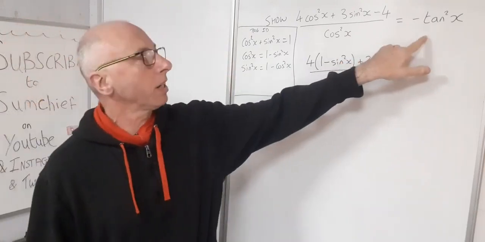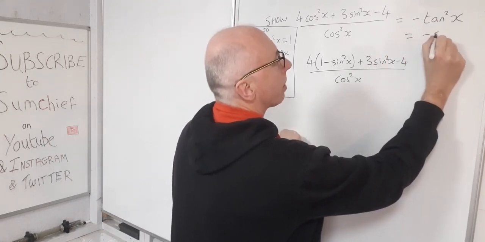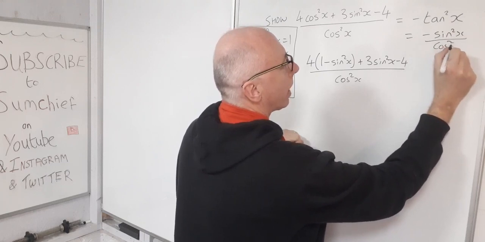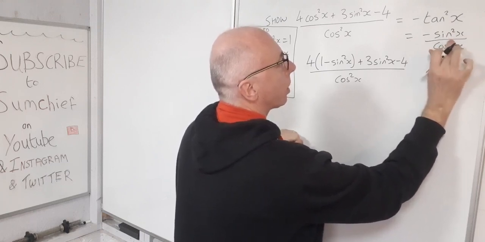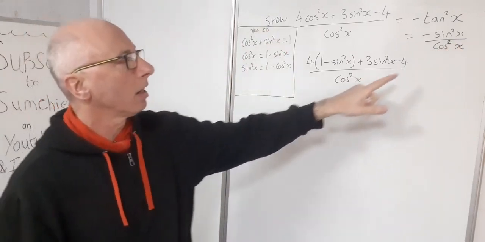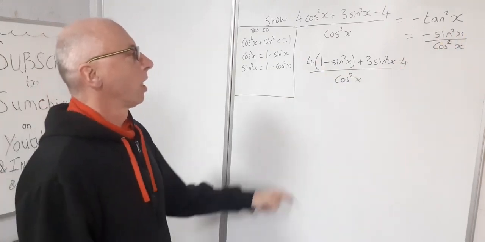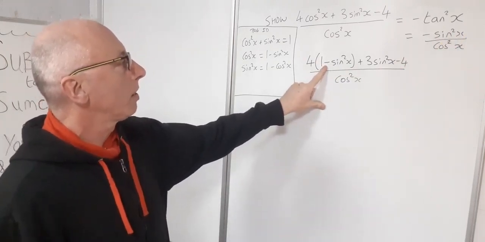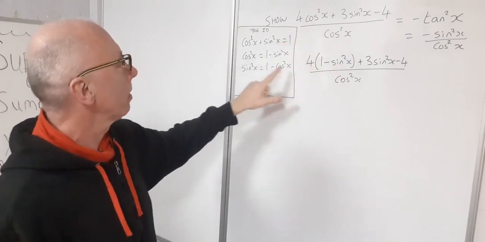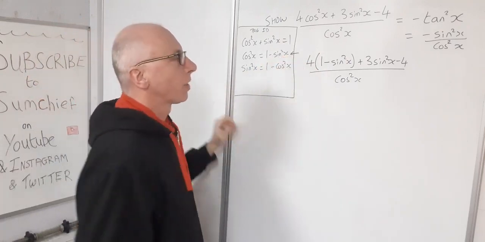Now this here, minus tangent squared x, that is just the same as minus sine squared x over cosine squared x. So what we want to try and do is to not touch the cosine squared x in our denominator and end up with negative sine squared x in our numerator. Okay, so now I've got this 4 times 1 minus sine squared x substituting for cosine squared x using this trig identity. So that's the one we're using first.